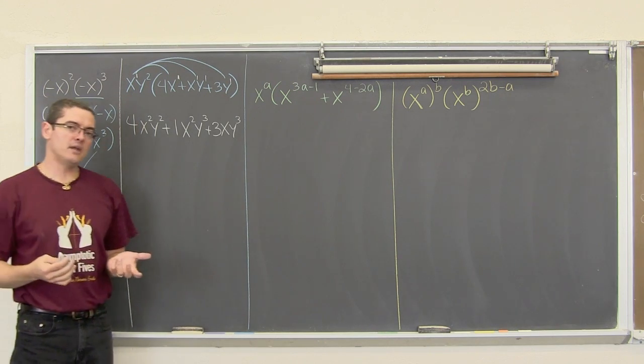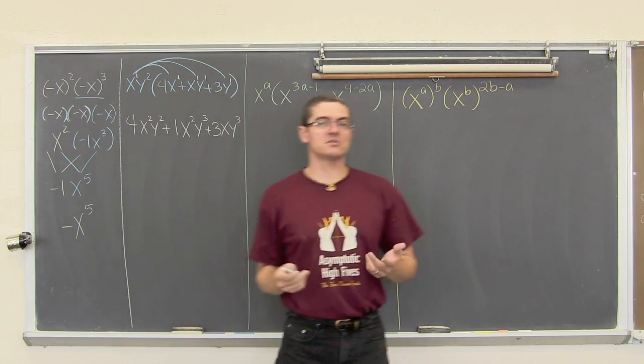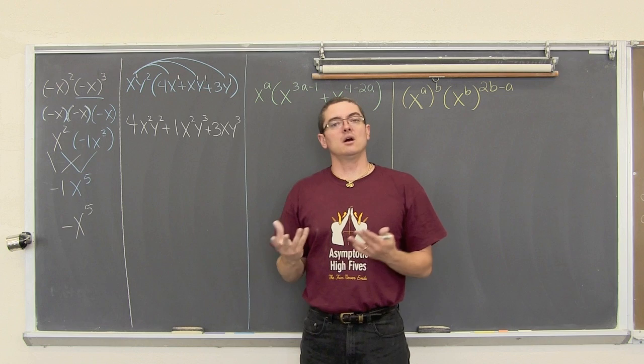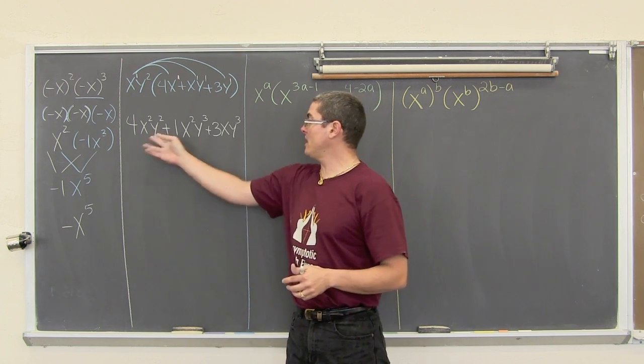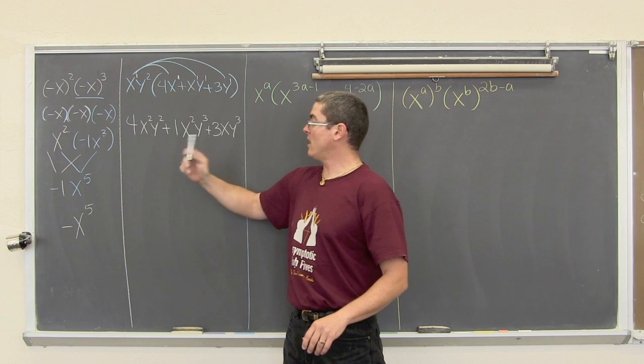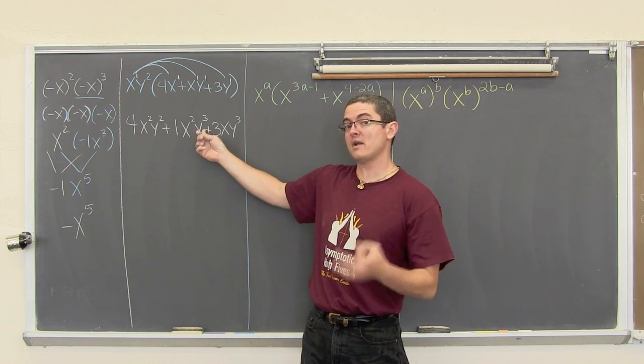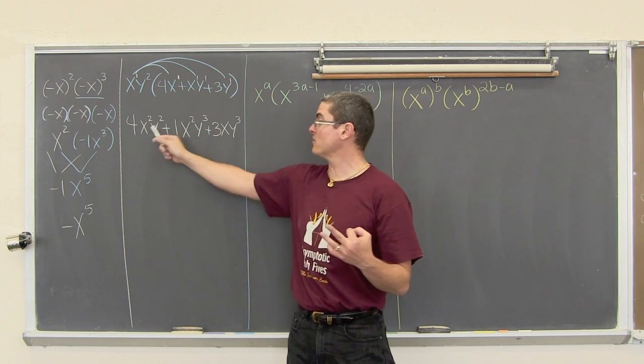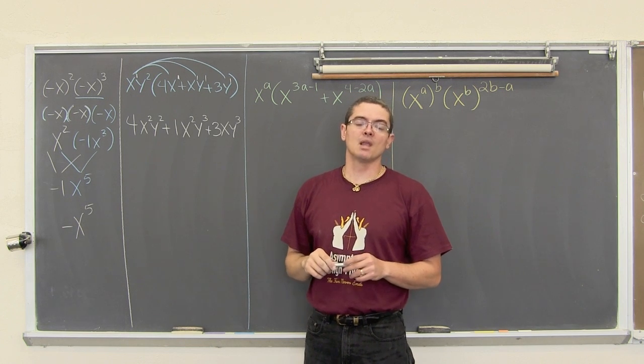Now, at this point, if there's any like terms, we need to add those together. A like term would be terms that have the same variable in them. Well, these all have x's and y's, but they also, again, have to have the same exponent. This has x squared, y squared, this has x squared, that's good, but it's y to the third, so these first two aren't like terms, nor is the third one.